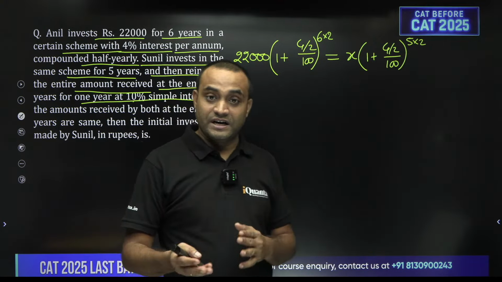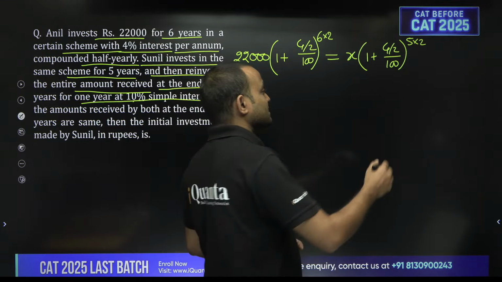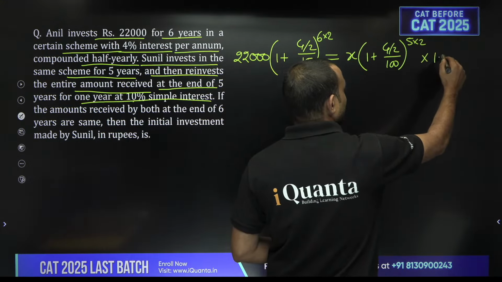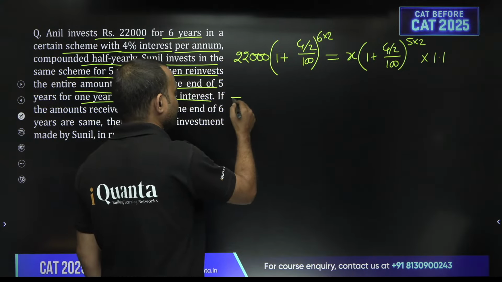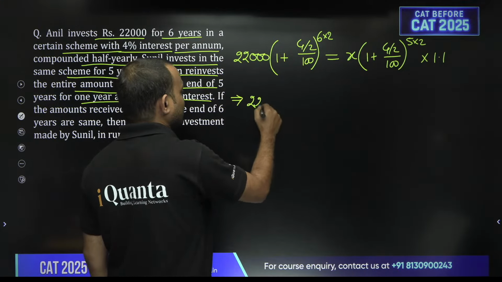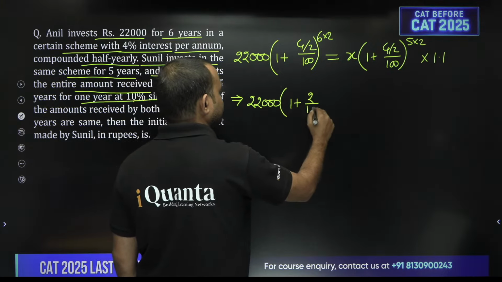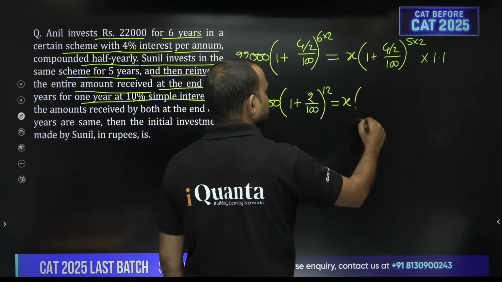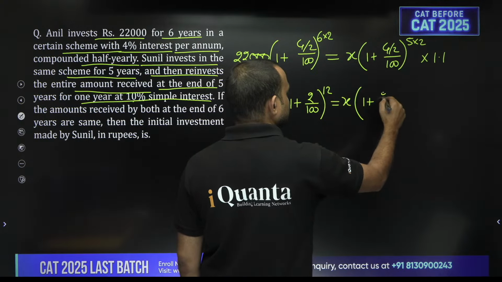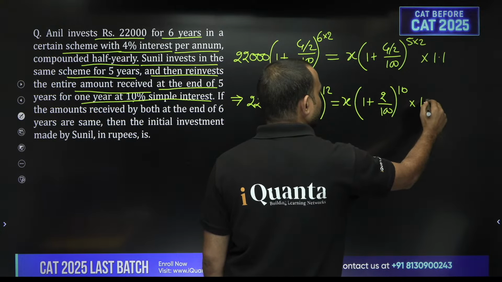But in 1 year, it will increase by 10%. And if you increase a value by 10%, the multiplication factor is 1.1, right? So from there, we can say that 22,000 into 1 plus 2 upon 100 to the power 12 is equal to X into 1 plus 2 upon 100 to the power 10 into 1.1.